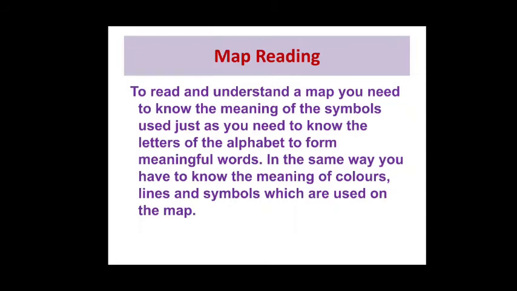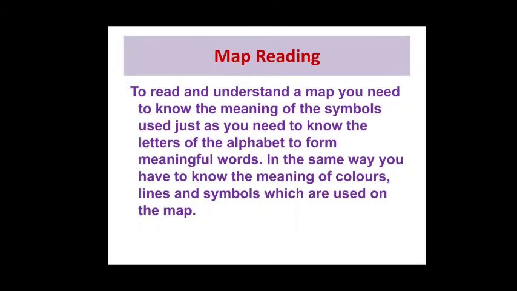On this map we can see which district we are going to, those places, and all the information, how many kilometers. All the information is given by the red lines, children. So how to do map reading? To read and understand the map, you need to know the meaning of the symbols used, just as you need to know the letters of the alphabet to form meaningful words.